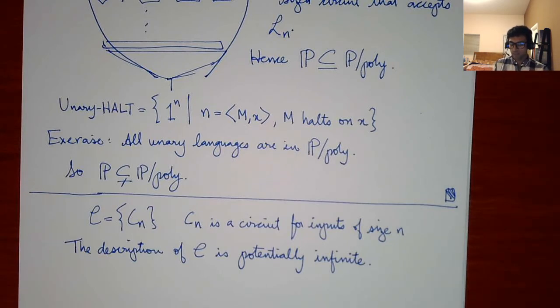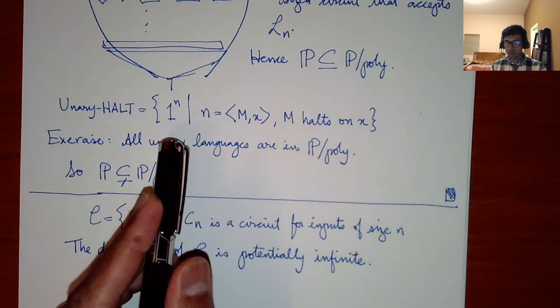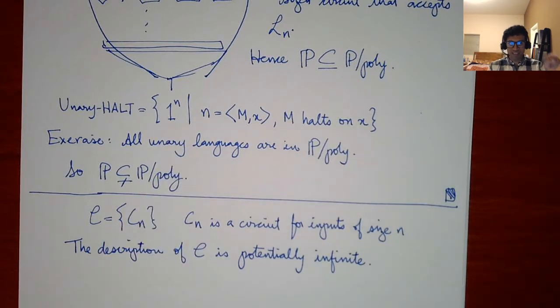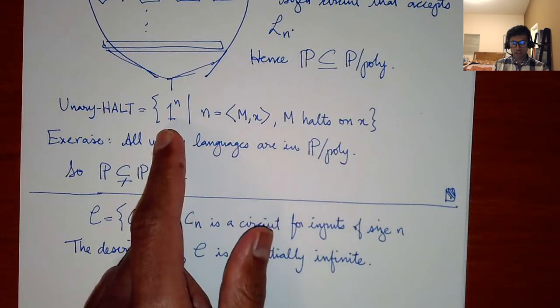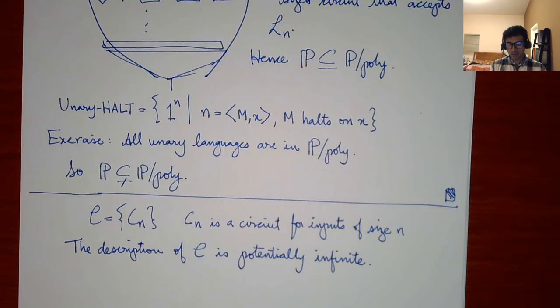So unary is unique. Here's the way to think about it: a Turing machine has to handle inputs of all lengths, while a circuit has to handle all inputs of a fixed length. What I'm doing here is ensuring that for every length, there's at most one string in the language.